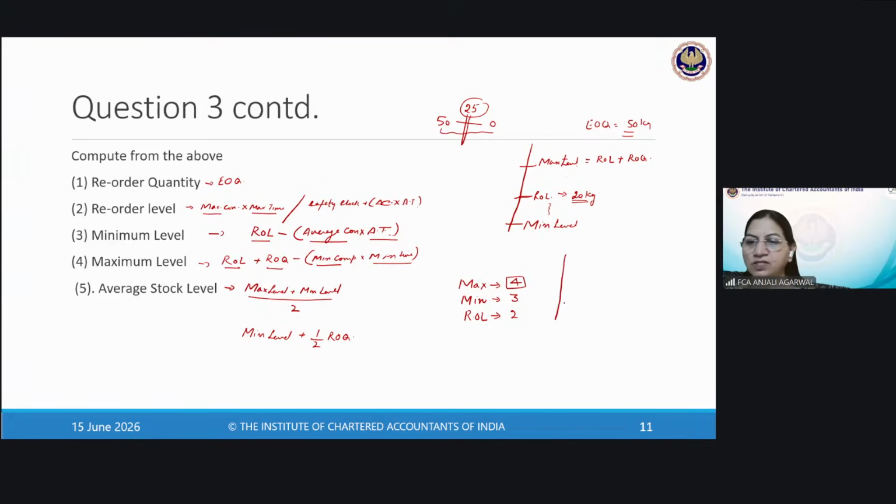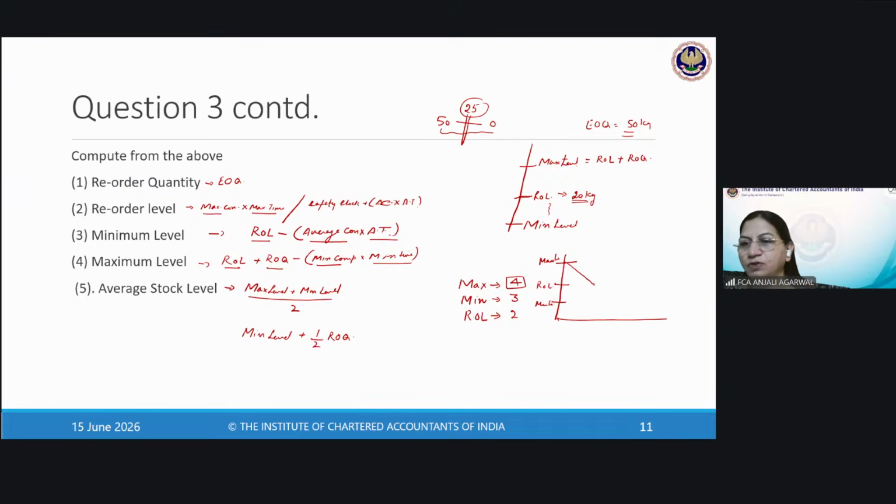So these are how the stock charts move. You will have a maximum level. You will have a reorder level. You will have a minimum level. And what will happen is, let's say at a given point of time, here is your stocks. You start consuming from it.